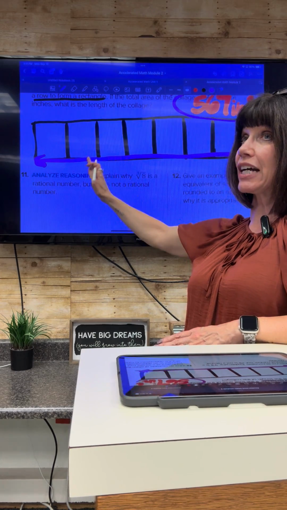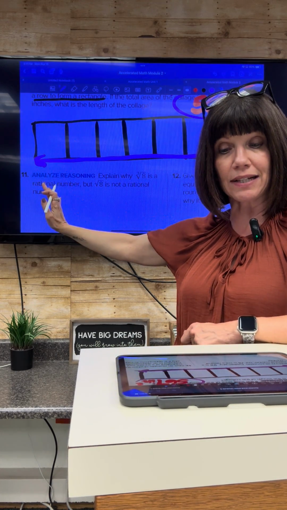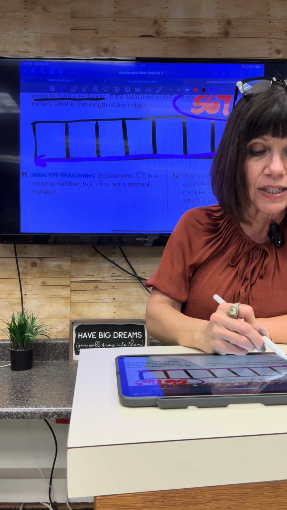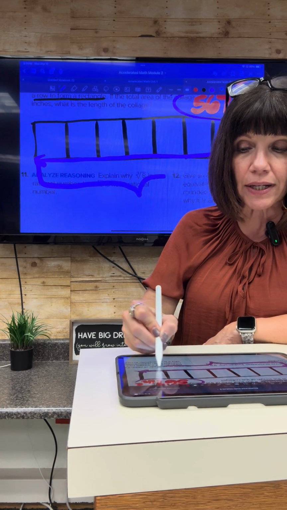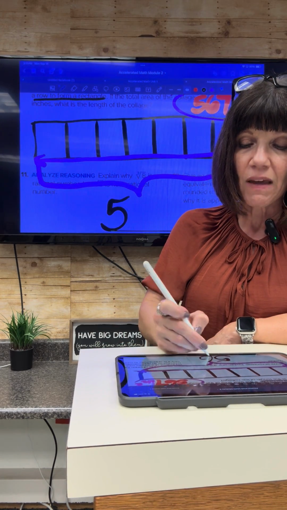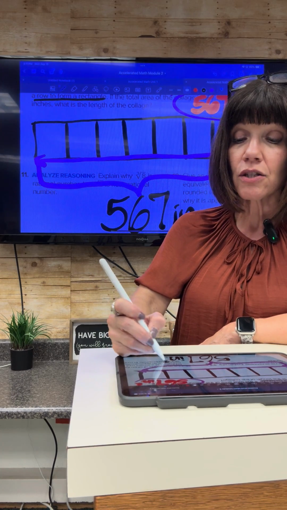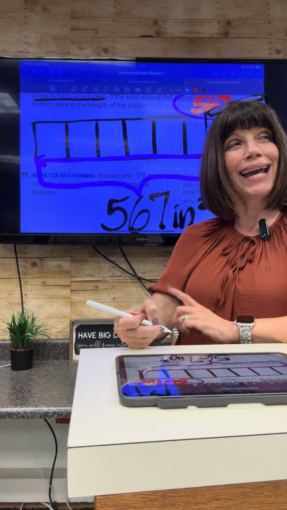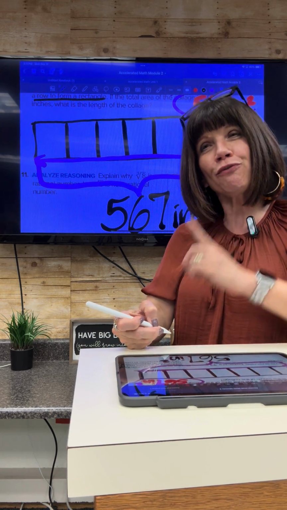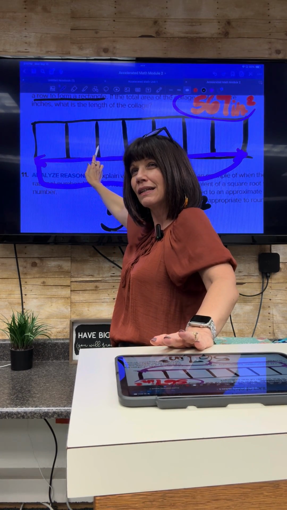We've already started to sketch a scene, is what I call it, when we start to represent in some type of drawing what they're asking you. They're asking you to take the total area they gave you. Class, repeat the total area. 567 inches what? Squared. Hey, is every photo the exact same size? Yes.